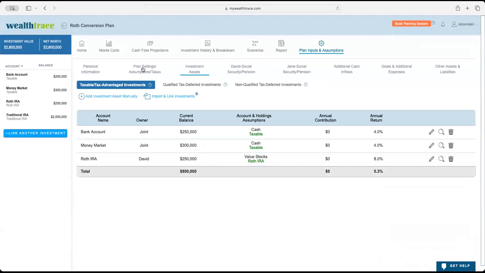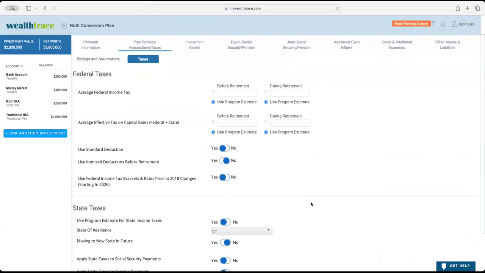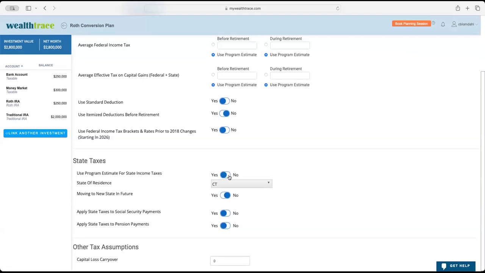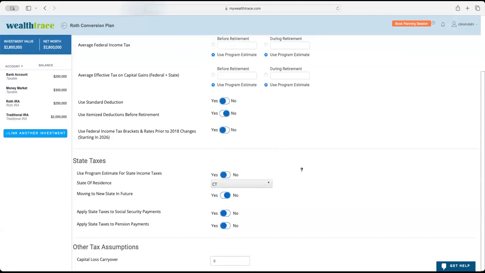Also seeing a question about the state tax rate. Yes, we do now support the progressive tax rate. So instead of entering a static rate, you can enter whatever your state is, and that will be taken into consideration in the Roth conversion as well.